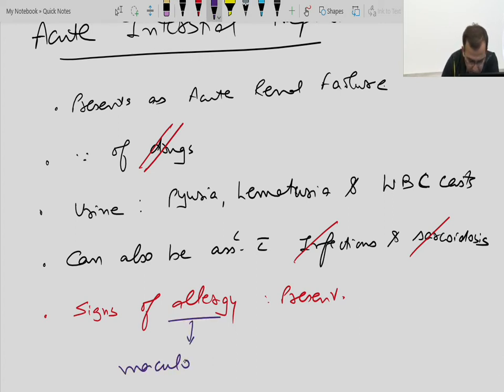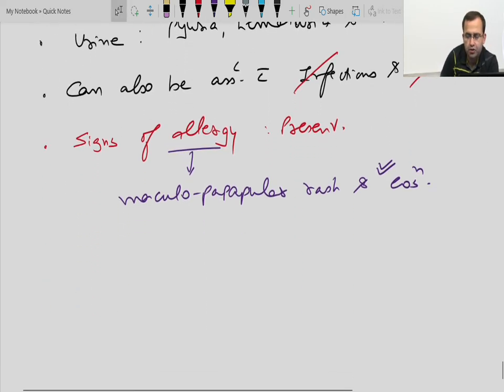Which rash? Maculopapular rash and eosinophilia. So we have seen that eosinophilia would be associated with all except PAN.